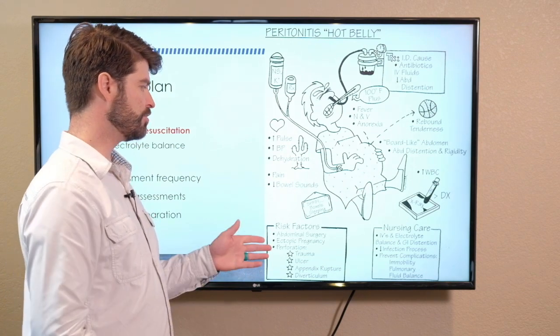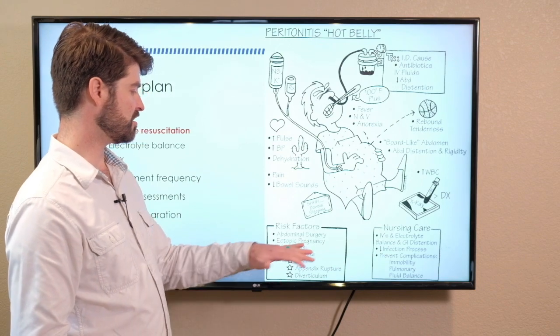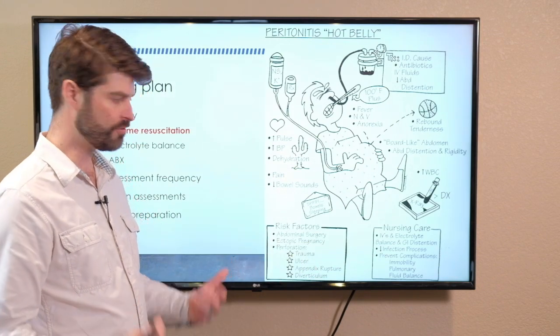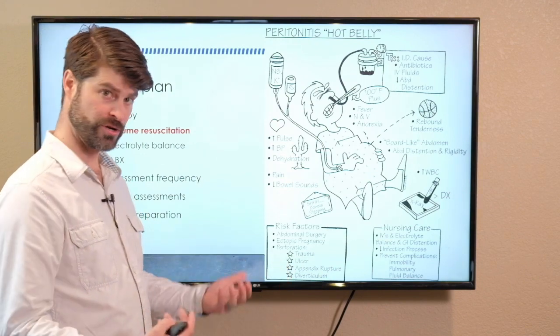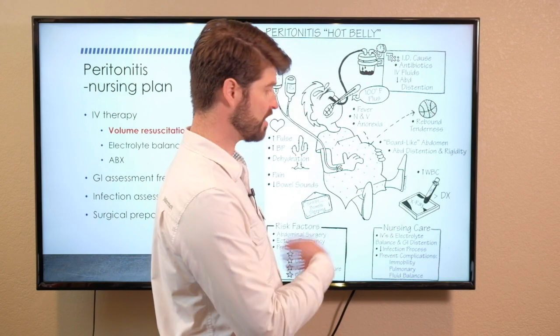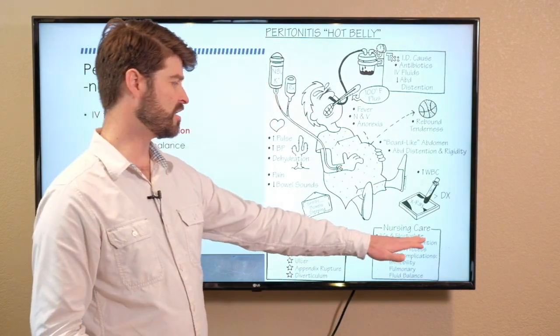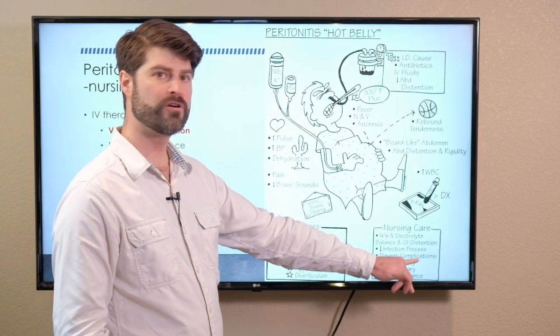We as nurses want to really focus in on the risk factors here for patients with peritonitis, like surgeries and perforation, right? We don't want that bowel to perforate because of a ruptured appendix, some kind of ulceration or trauma, because then we're going to have a lot of problems. The nursing care, again, IV and electrolyte replacement. Watch out for infection, right?